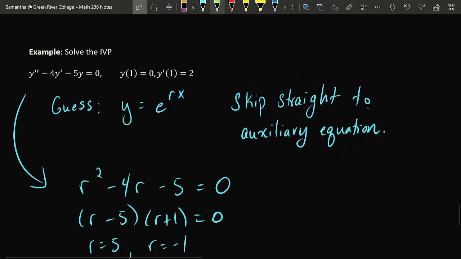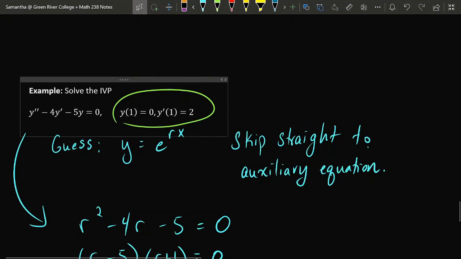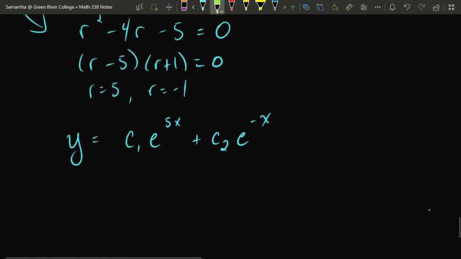So now let's use these initial conditions to find the specific solution that satisfies our initial value problem. First, let's find the value of y prime, which is 5c1 e to the 5x minus c2 e to the negative x.